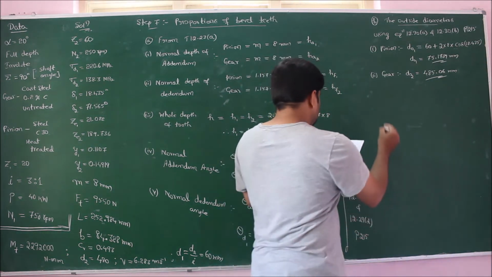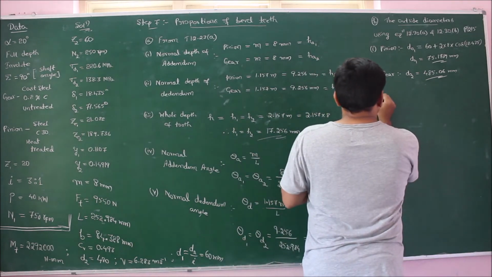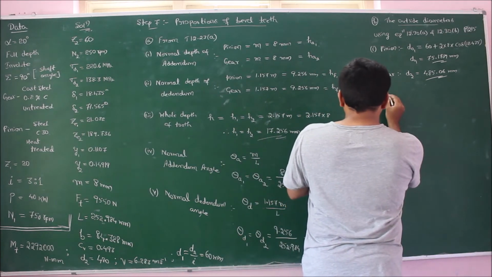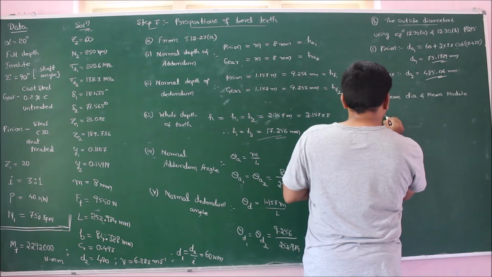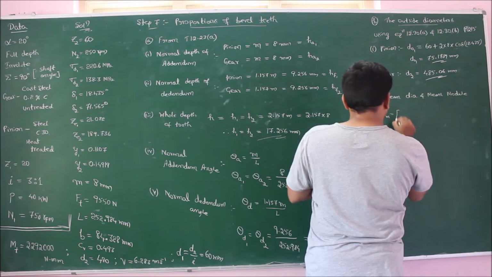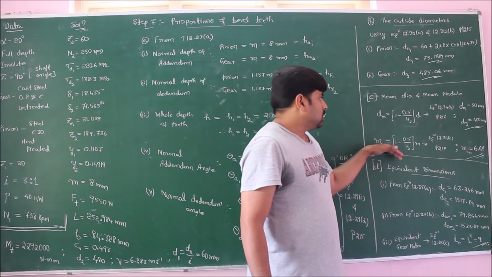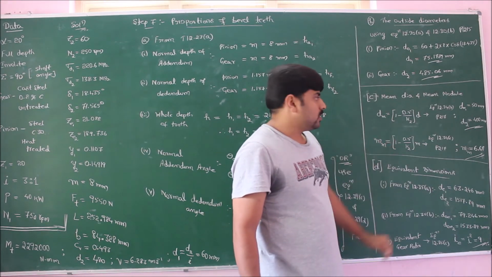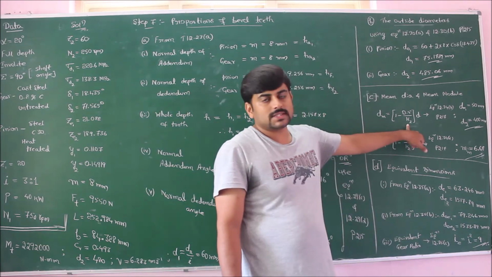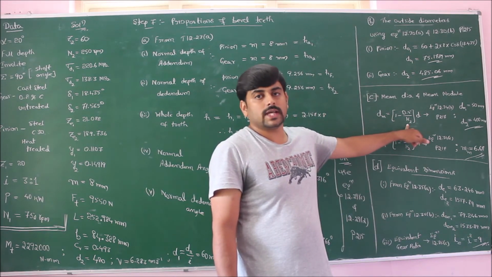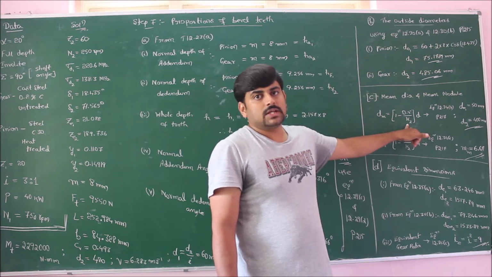Next, coming to C, we should find the mean diameter and mean module. We have the formula for mean diameter as dm equal to d times 1 minus, and substituting the values, I got the mean module as 6.67 millimeters. The value of K2 is known to us, which is 3. K2 is equal to L by B. B is equal to L by 3.